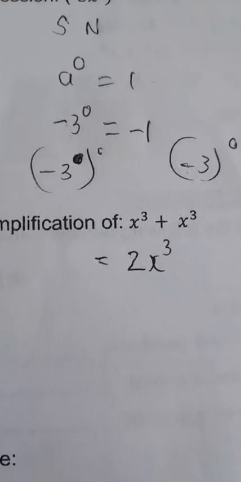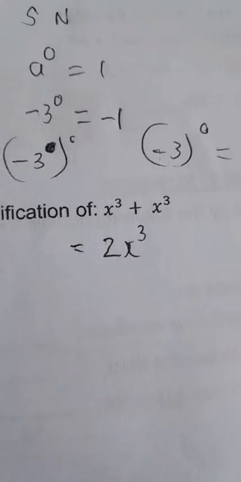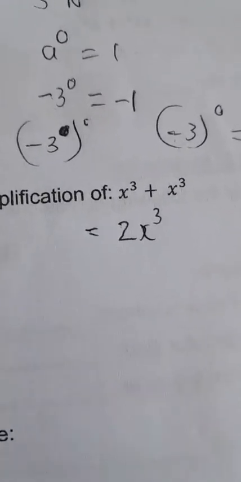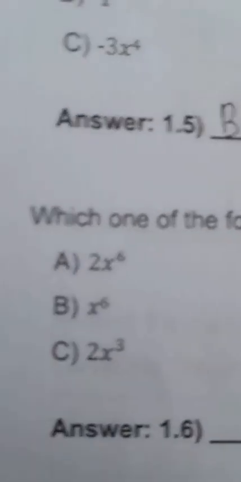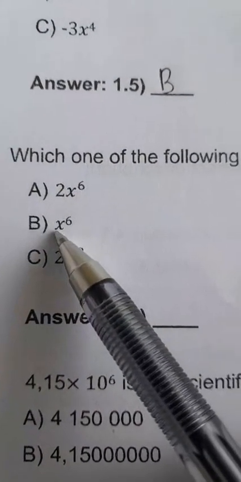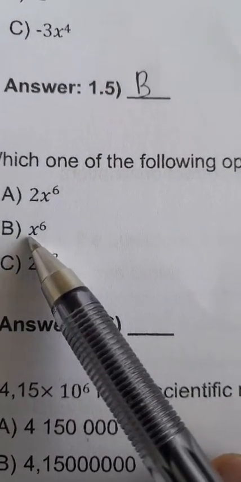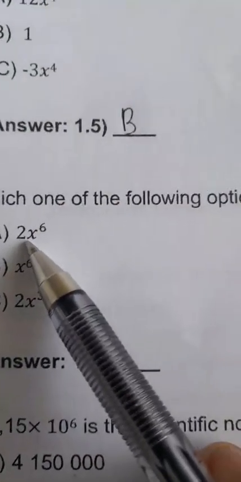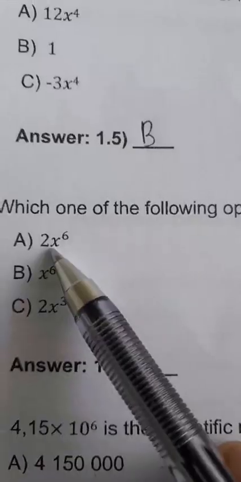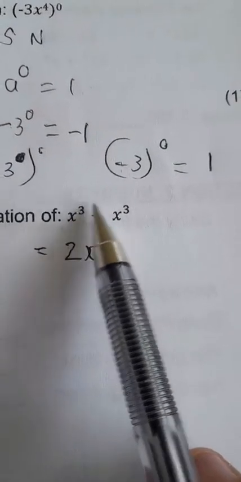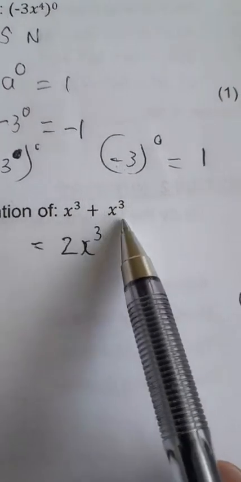Please, grade 8s and 9s, if you are here, listen to me very well. You guys are butchering this a lot. When you add like terms, I don't know why it is that some of you will say the answer is x to the power 6, or some of you will say the answer is 2x to the power 6. It's wrong, okay? We do not add the exponents when we are adding like terms.